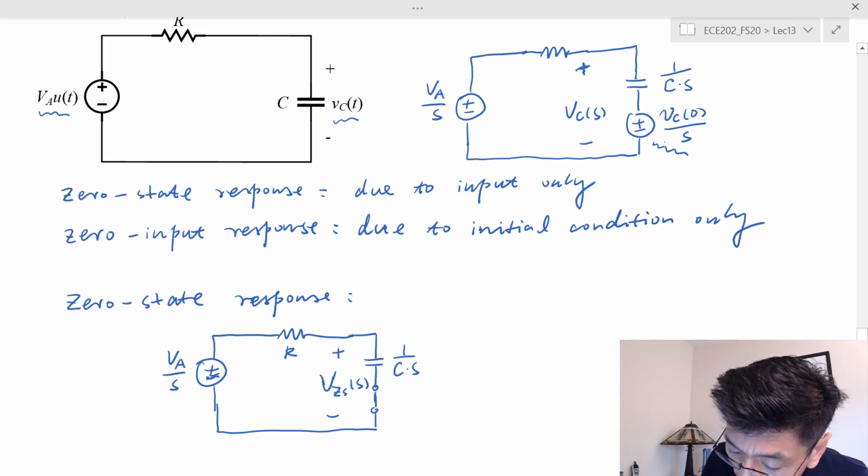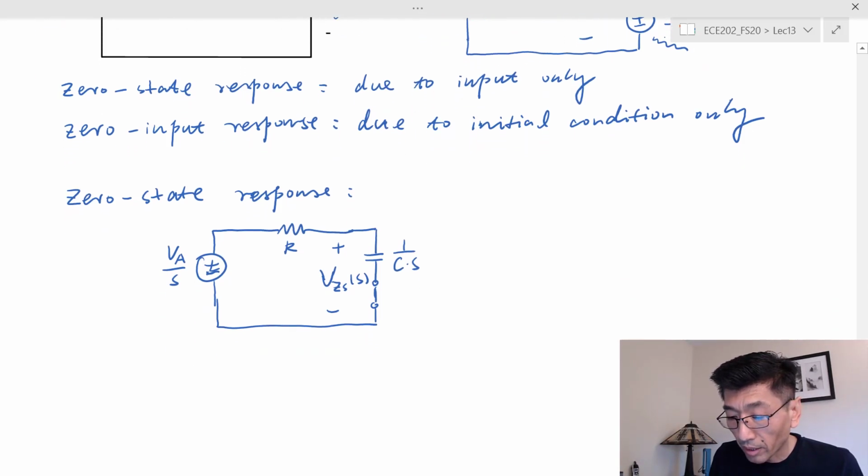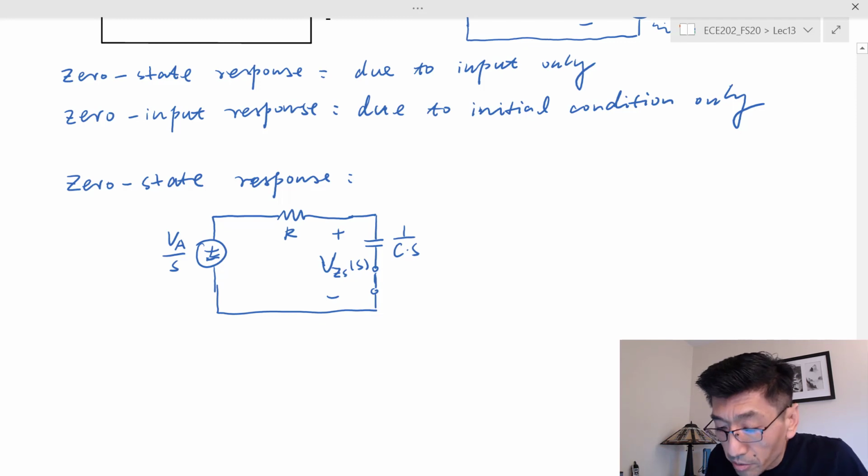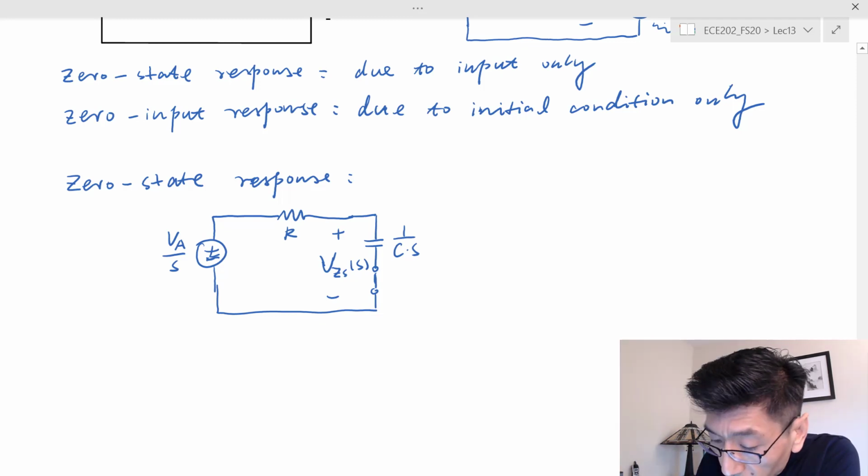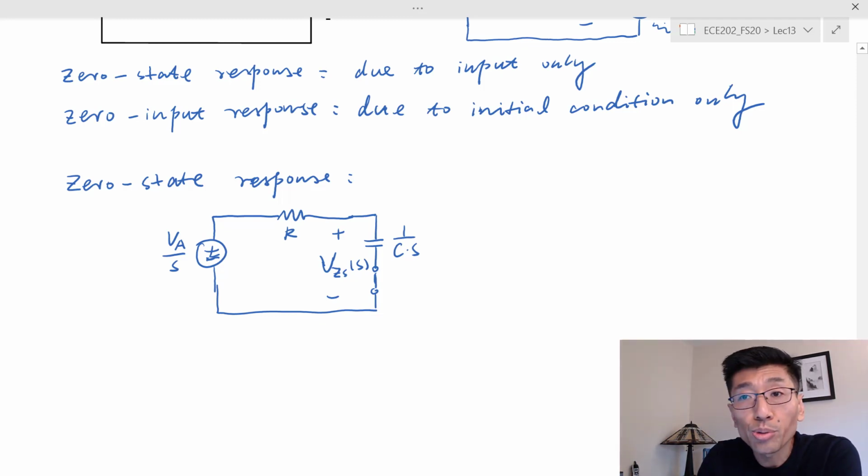Capital V. In this case, I can find the voltage across this one. This is not too difficult to find, right? The most straightforward way would be the voltage division, right? We just talked about this last time.